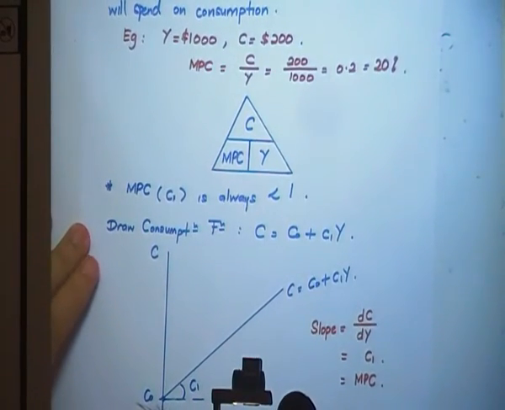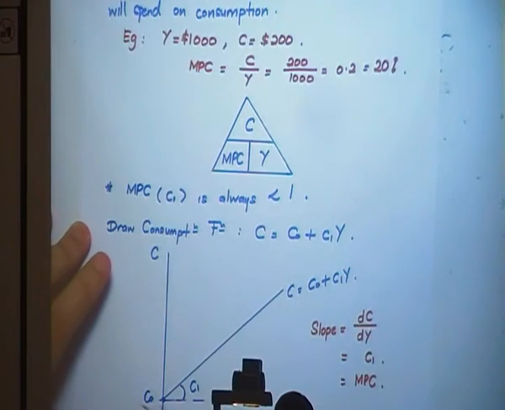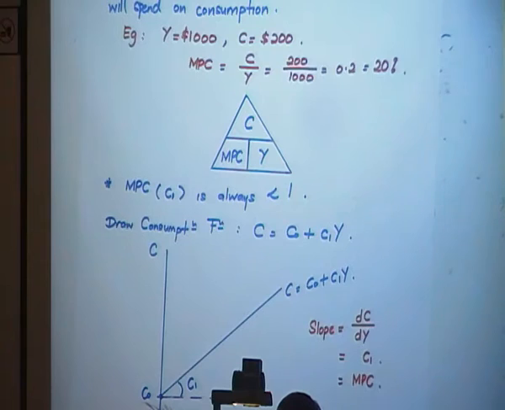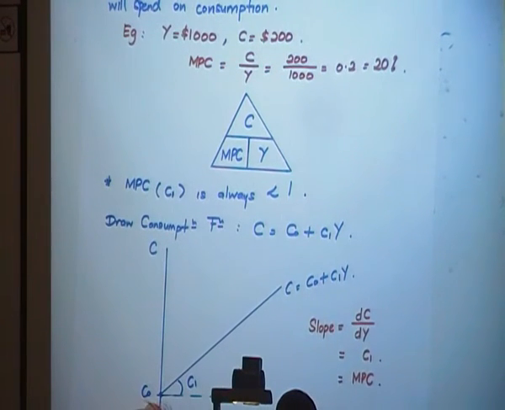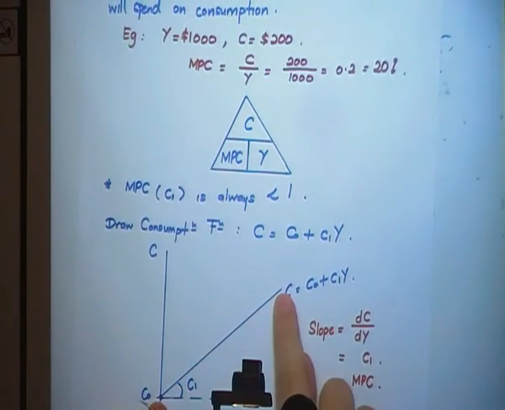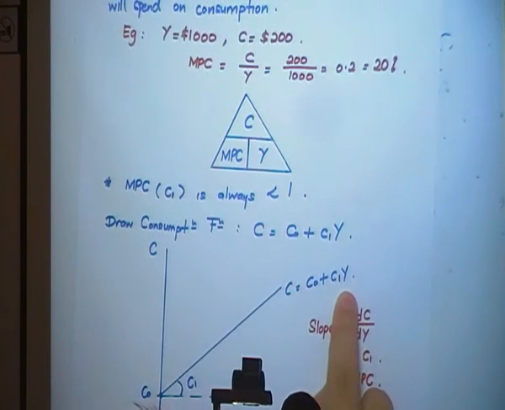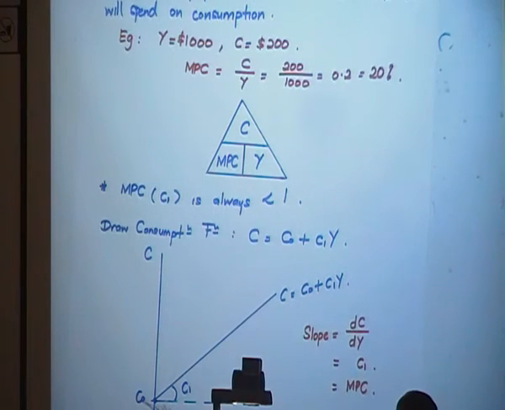In terms of your consumption function, you will notice that this is your autonomous consumption. So without income, you still must have this level of consumption. This is upward sloping because this is plus C1Y. Income and consumption are positively related because as you get richer, you spend more.